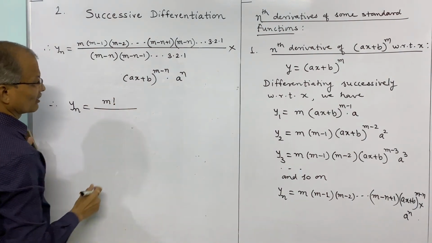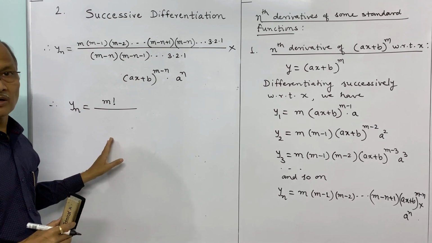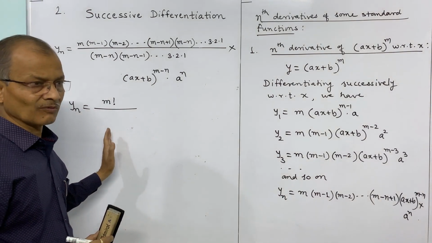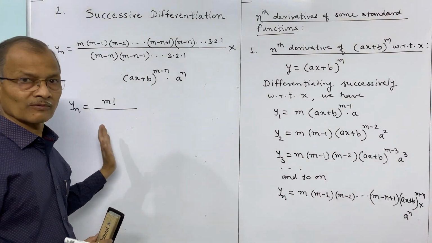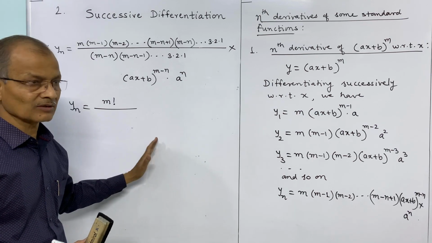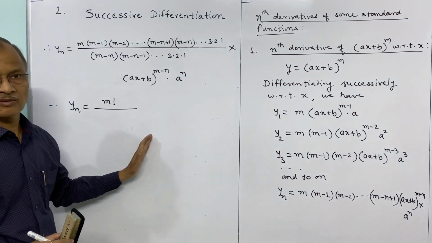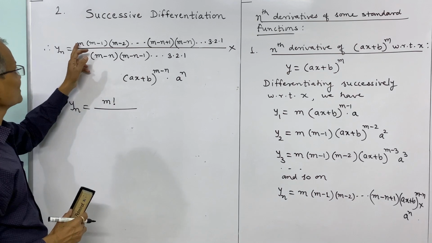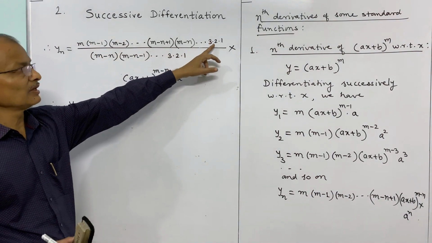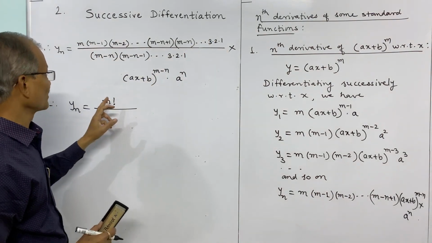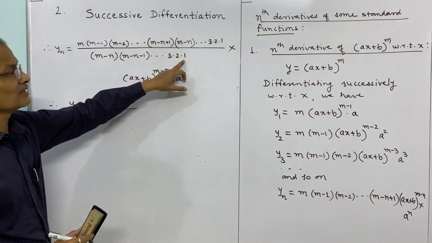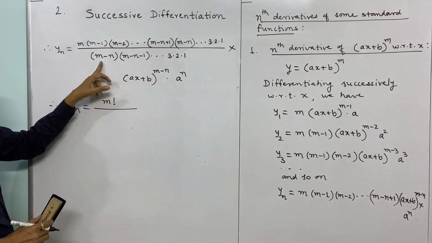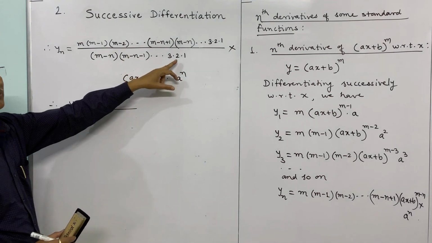We know factorial: n factorial is the product we can start with 1, 2, 3 up to n, or if you start by n, then in decreasing order it is n, n minus 1, n minus 2 up to 1. So here it is m, m minus 1 up to 3, 2, 1, so it is m factorial. And what about the denominator? It is starting with m minus n, then decreases by 1 up to 1.